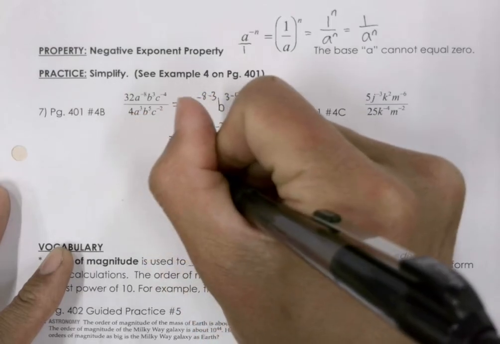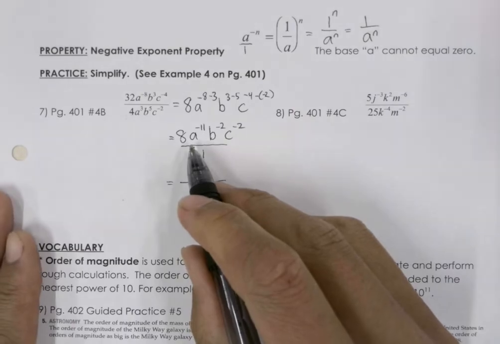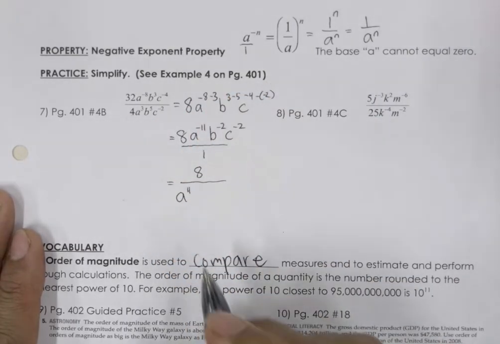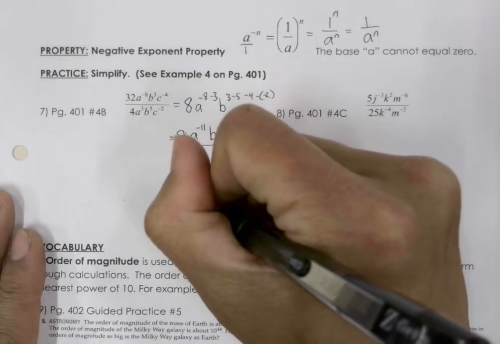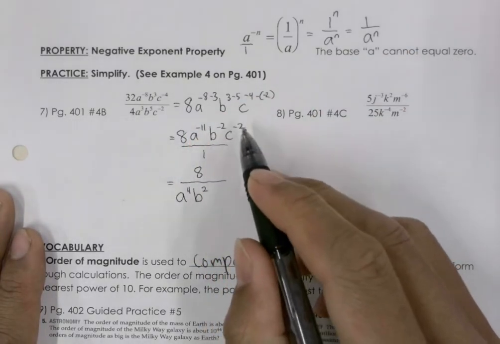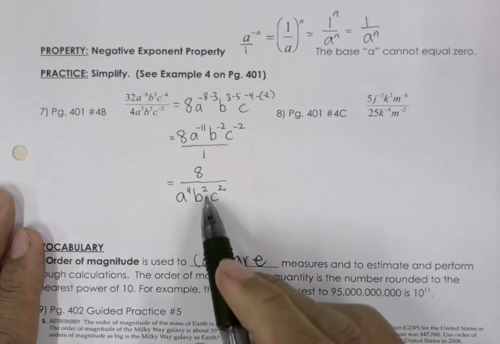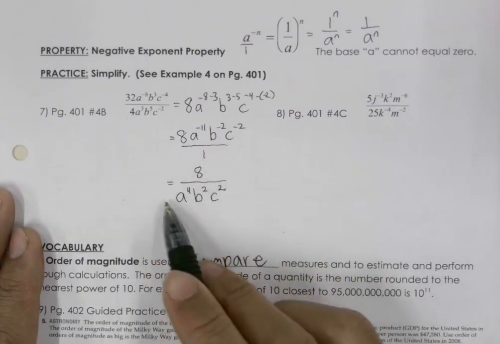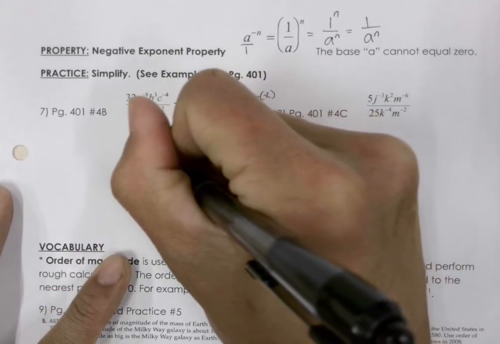It's going to equal 8 in the numerator over the a needs to move down into the denominator. We get a to the 11, positive 11. B needs to move because he has a negative exponent, b to the positive 2. And c also needs to move because he has a negative exponent, c to the positive 2. Now we have rewritten our answer without any negative exponents, and I'm going to put a box around this.